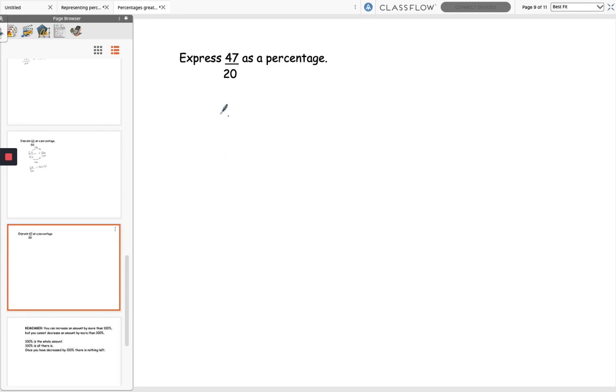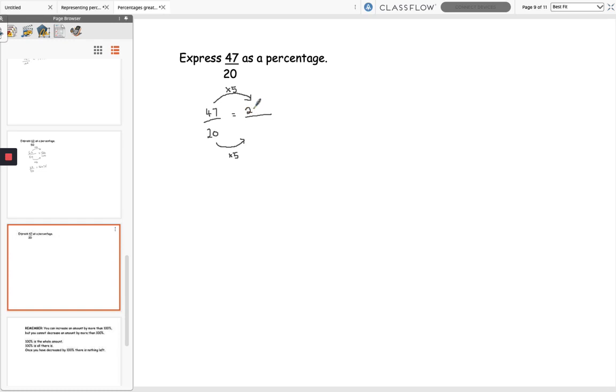And our final question. Express 47 over 20 as a percentage. So I'm going to do the same thing again. I'm going to start with 47 over 20. Now 20 times 5 is 100, so I'm going to multiply my denominator by 5. 47 multiplied by 5 will give me 235.